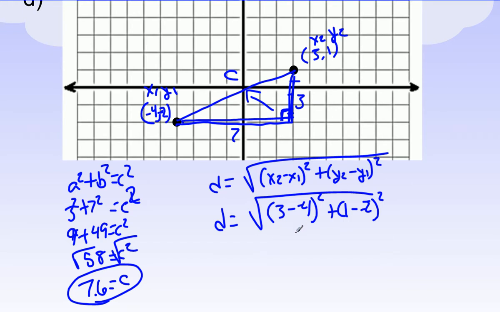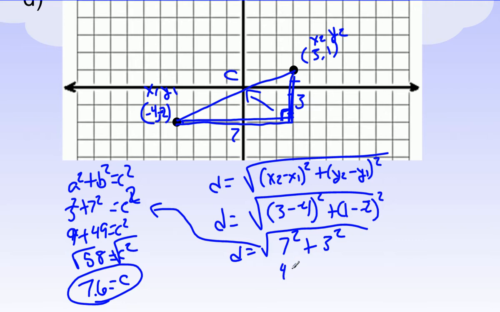3 minus -4 is positive 7 squared. 1 minus -2 is positive 3 squared. And so now we are here. 7 squared is 49, plus 3 squared is 9. We are here.